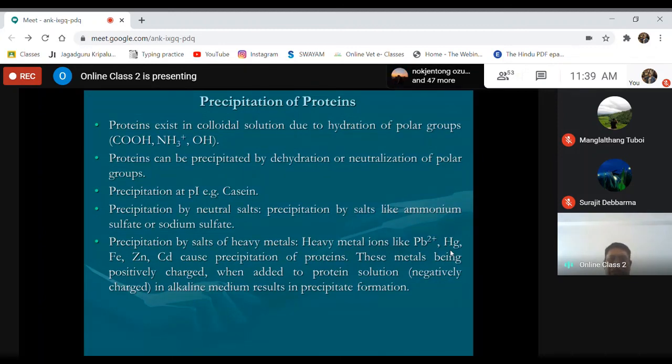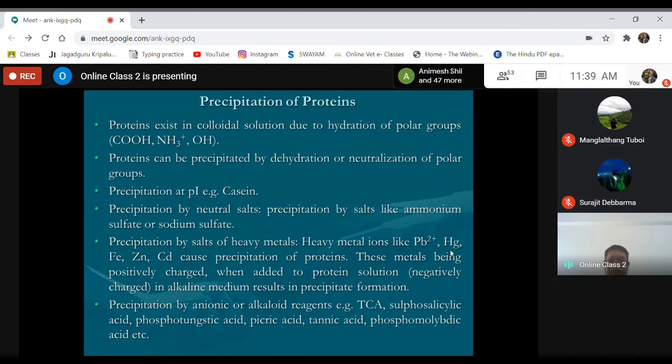These metals, being positively charged, added to the protein solution, which is negatively charged in alkaline medium, result in precipitate formation. When added, they change the interactions going on in the protein molecule, which results in the destruction of those interactions and thus the precipitation of the proteins.